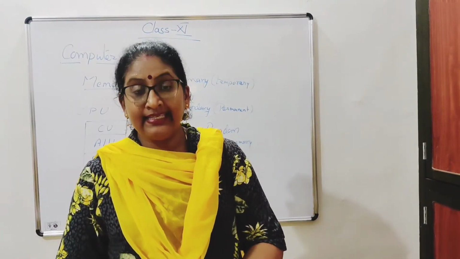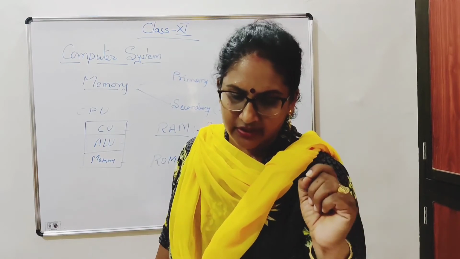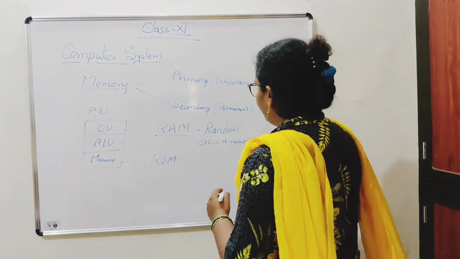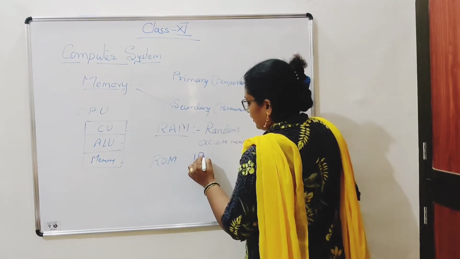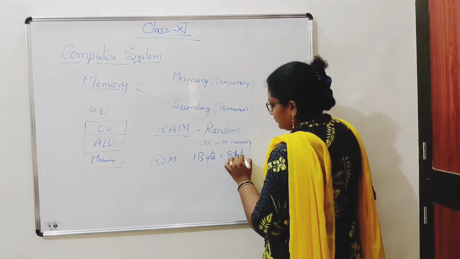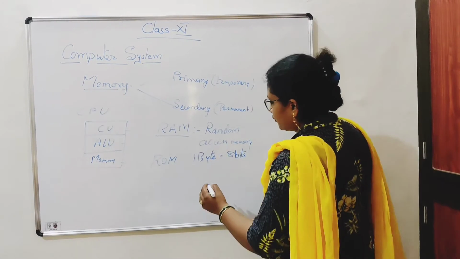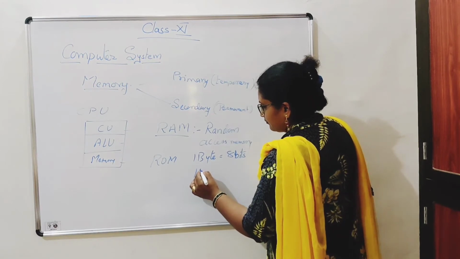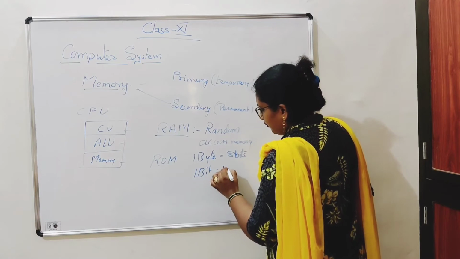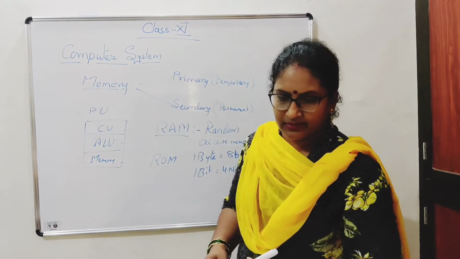Unit of memory is nibble. Okay, the smallest unit is a nibble. One byte equals 8 bits, you all know, and one nibble equals to, or we can say one byte equals 2 nibbles, right?